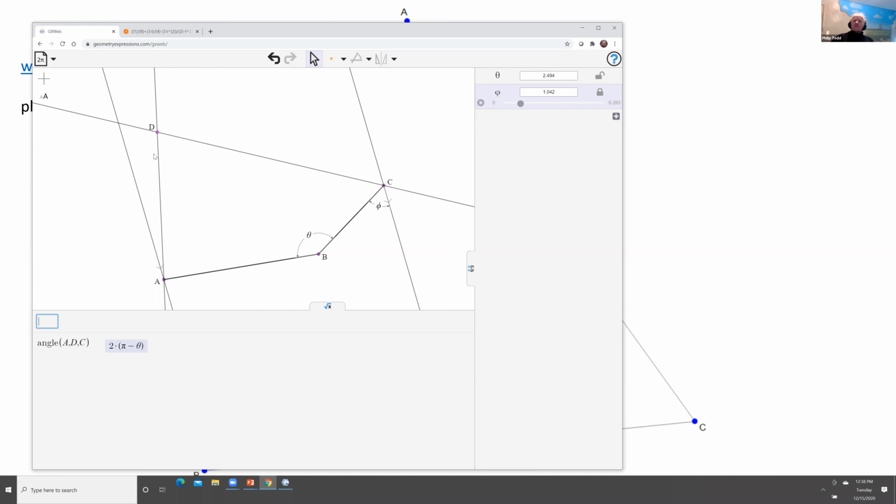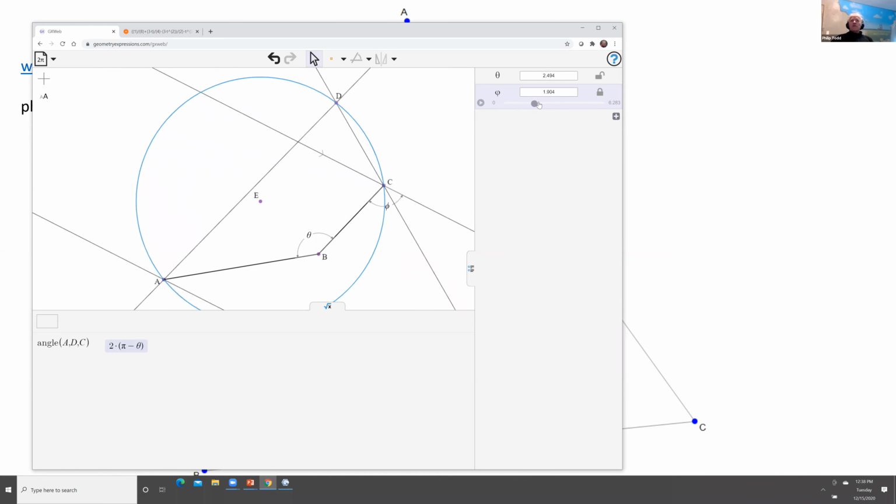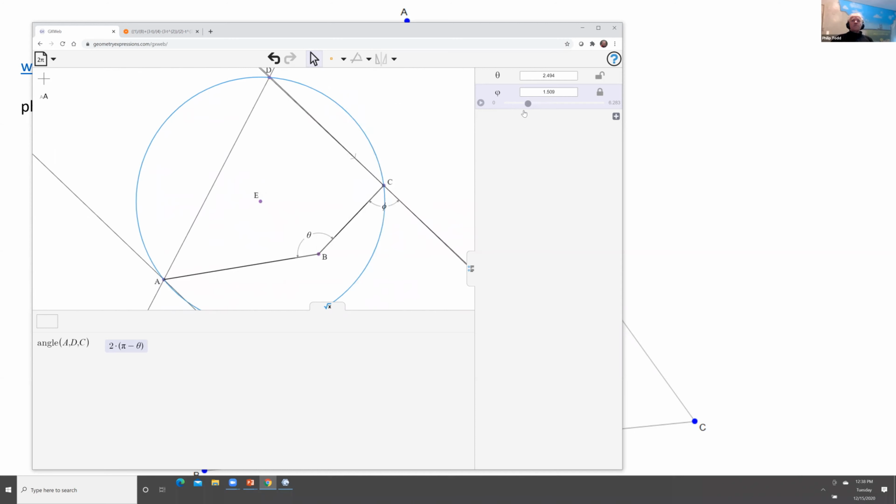So that does tell us that this angle stays constant, regardless of the input angle, which then tells us that D must lie on a circle through, with the chord AC. So let me construct that circle. And we can alter phi and watch D, in fact, go around the circle.